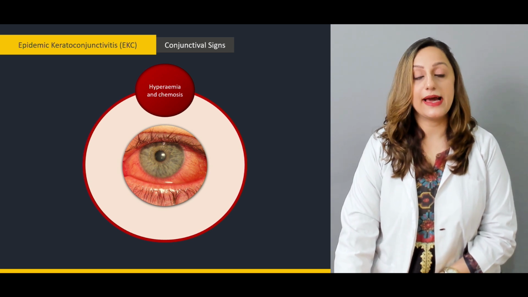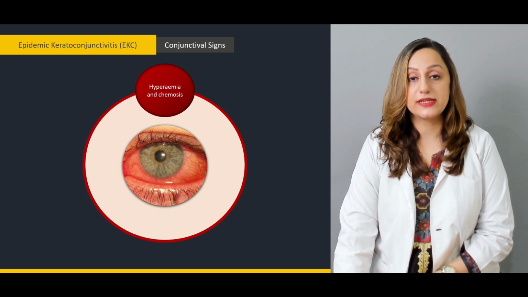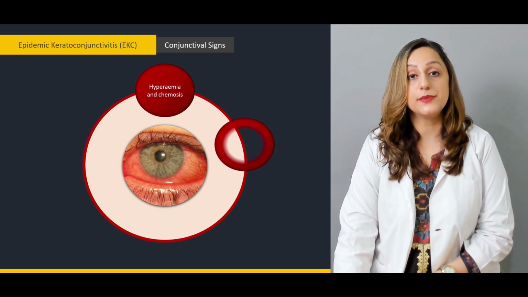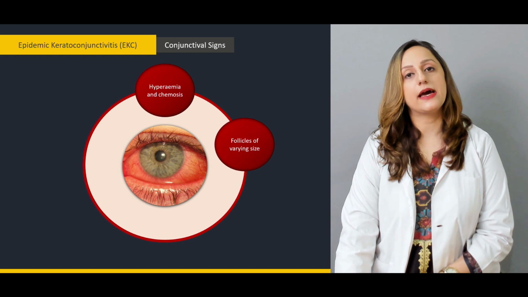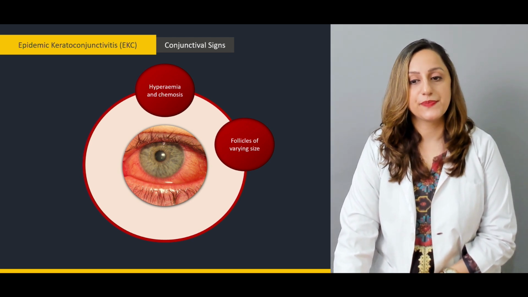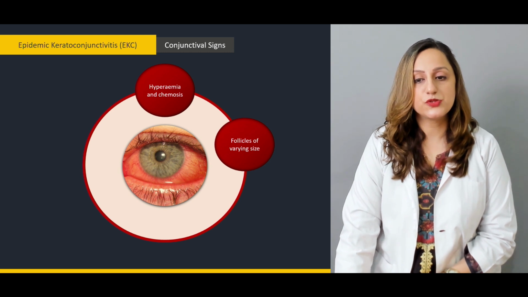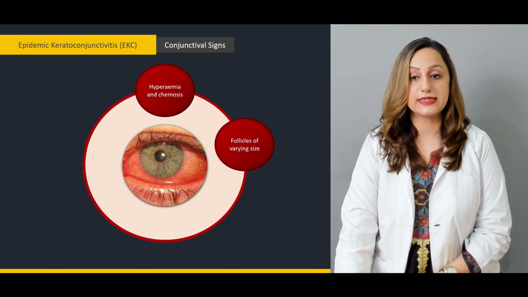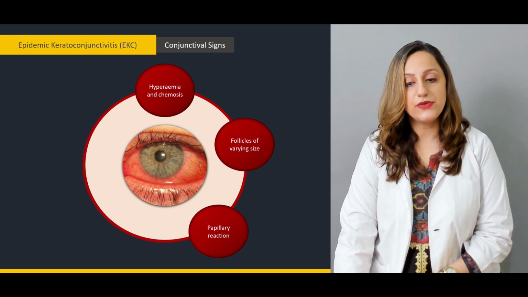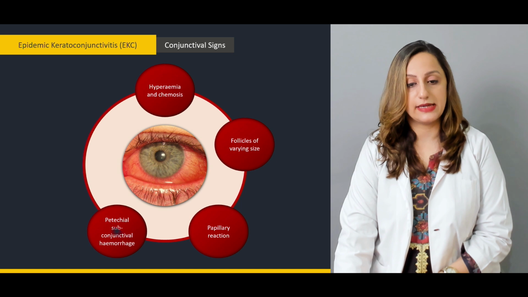Foremostly, you'd be looking at the hyperemia, that is the redness, and the chemosis that is occurring in the eyes. It can be at the limbal junction, and it can even be at the peripheries of the bulbar conjunctiva. Then moreover, the patient would be having follicles of varying sizes. He or she would be having a papillary reaction occurring in the eyes.